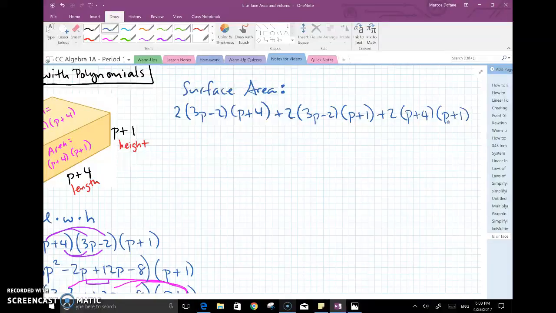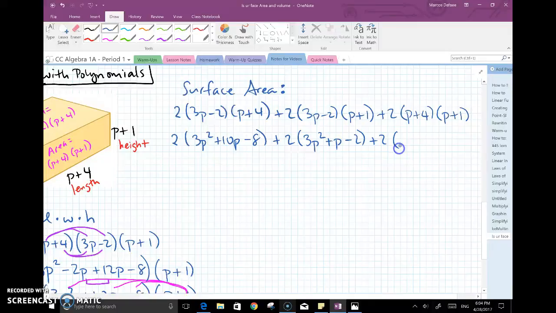This will be 2 times. Now multiplying these binomials will give me 3p to the second power. This will be 12p minus 2p is 10p, and then minus 8. This will be 2 times 3p to the second power. 3p times 1 is 3p, minus 2p is just 1p, and then minus 2.